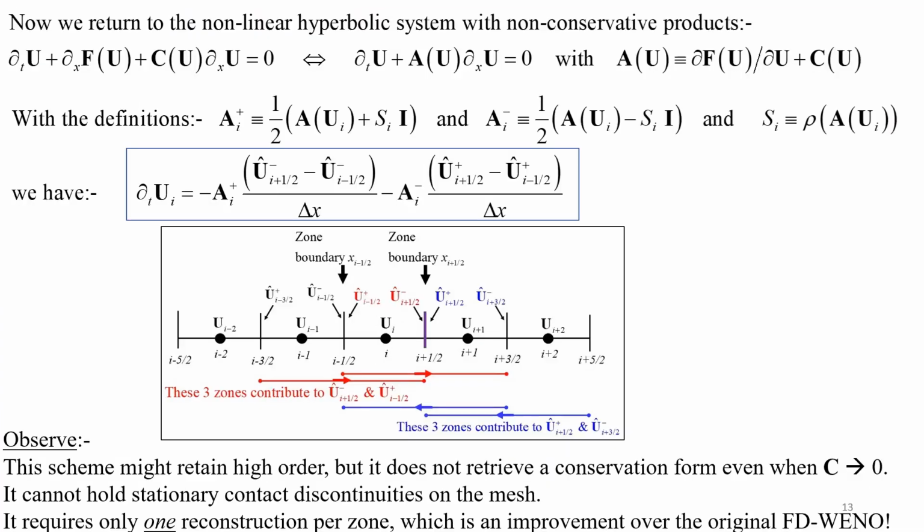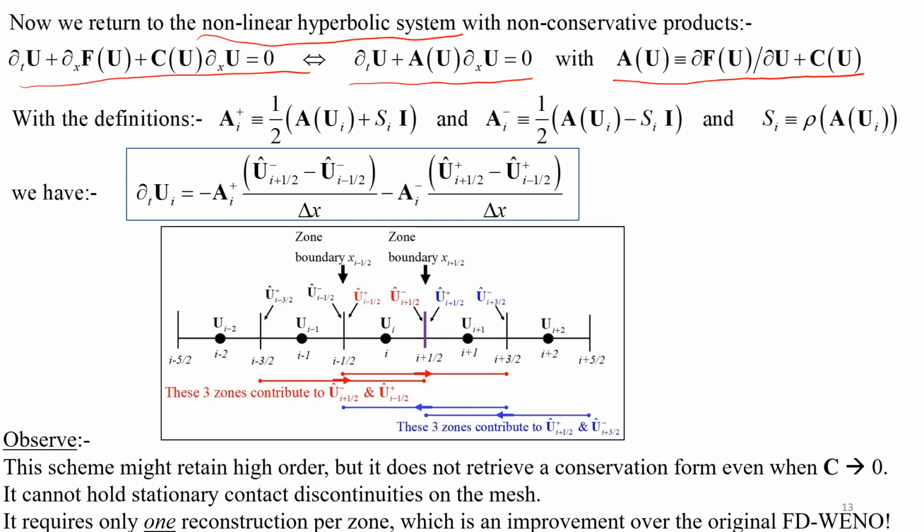Now, what if your hyperbolic system has non-conservative products, but it is a nonlinear hyperbolic system? Okay, then it has this general form, which basically means that you can write it as a characteristic matrix like so, with the characteristic matrix being defined as a Jacobian of the flux plus the matrix of non-conservative products.